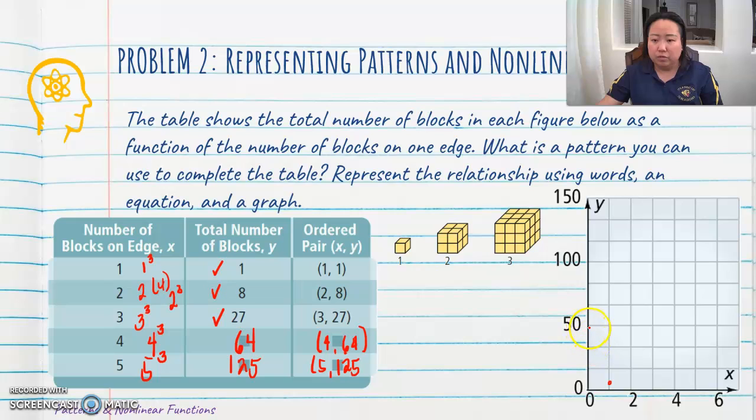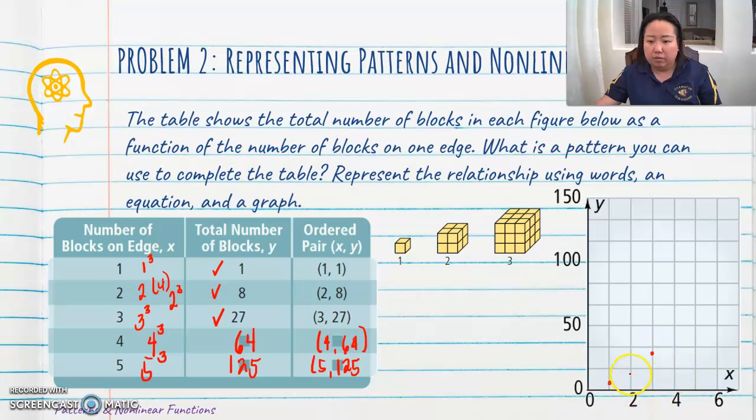So this is 50, middle 1, 2, 3. So that's around 25. So I'm gonna say 2 will be 8 over here somewhere. Okay, and then 3 is 27. So it's gonna be somewhere above the half of this. So probably over here.